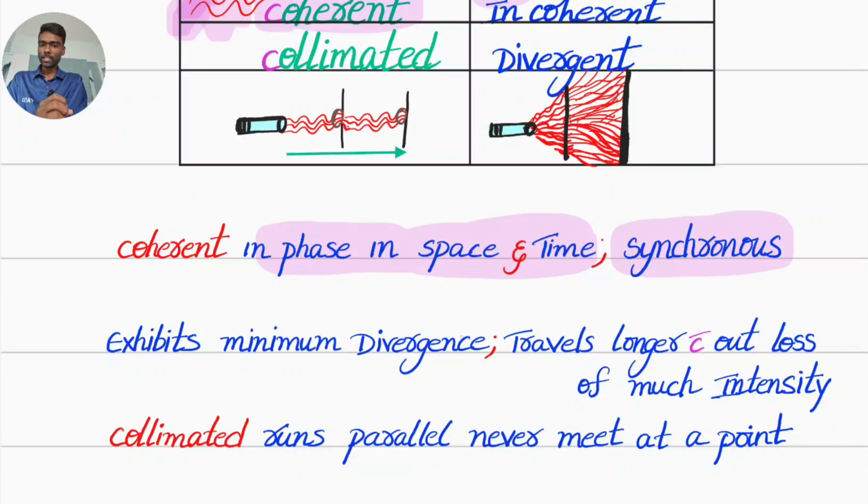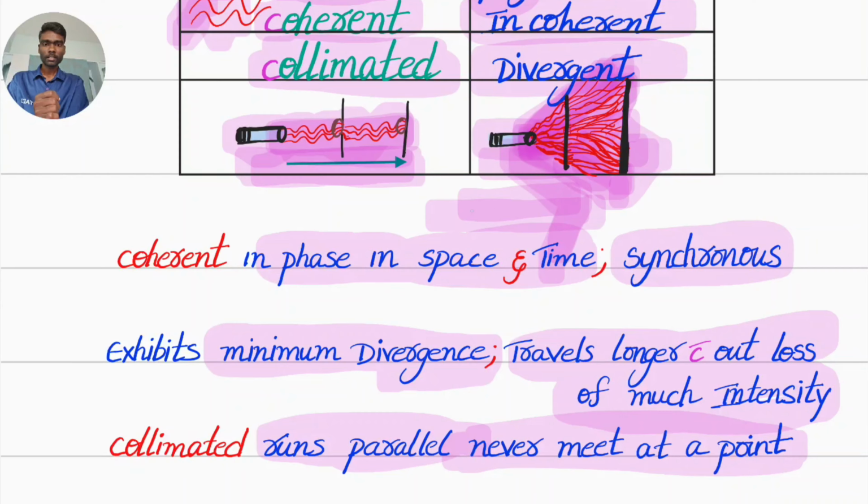In childhood, everyone must have played with laser light. If we throw that light on the nearest wall, the diameter will be the same. If we shine it on the farthest building also, the diameter of the laser beam will be the same, and the intensity also will be the same without much loss. Same if we do it with normal light: if we throw it at the nearest wall, the diameter is okay and we can see it.